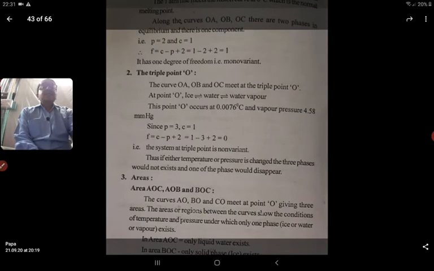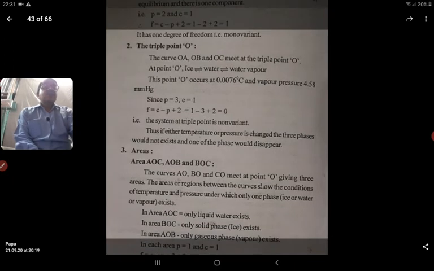Since here P is equal to 3, C is equal to 1, F is equal to C minus P plus 2, which is 1 minus 3 plus 2, equal to 0. That is, the system at the triple point is non-variant. Thus, if temperature or pressure is changed, the 3 phases would not exist and one of the phases would disappear.